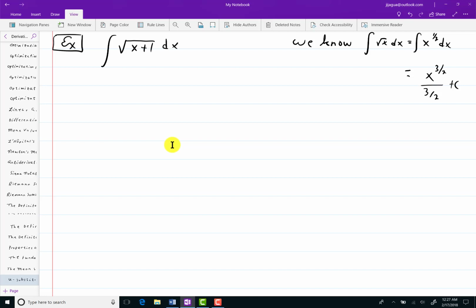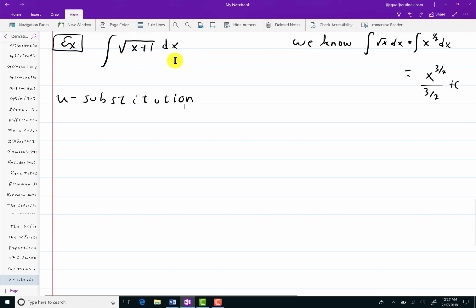Now what we can do is introduce something called the U substitution. Now, this dx does a couple of things. One thing it does is remind you of what the variable is that we're integrating here.